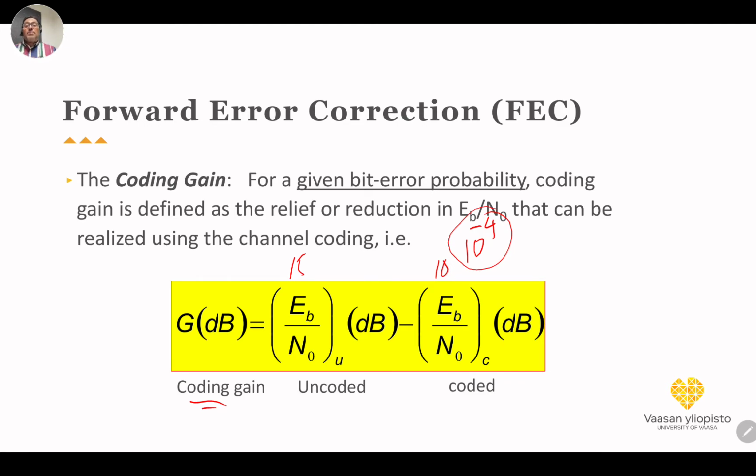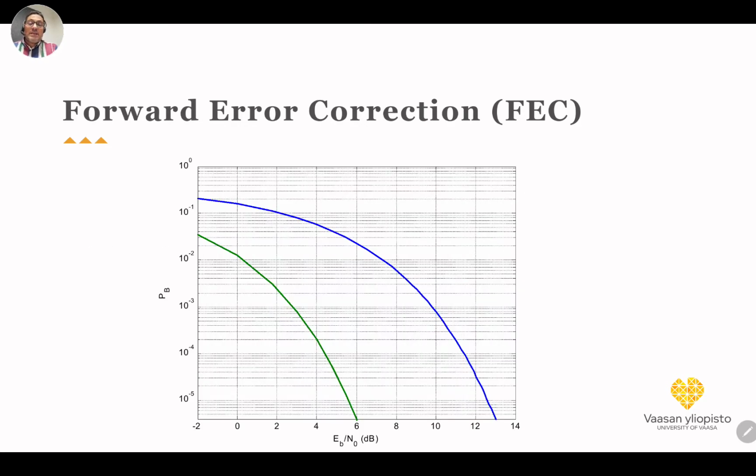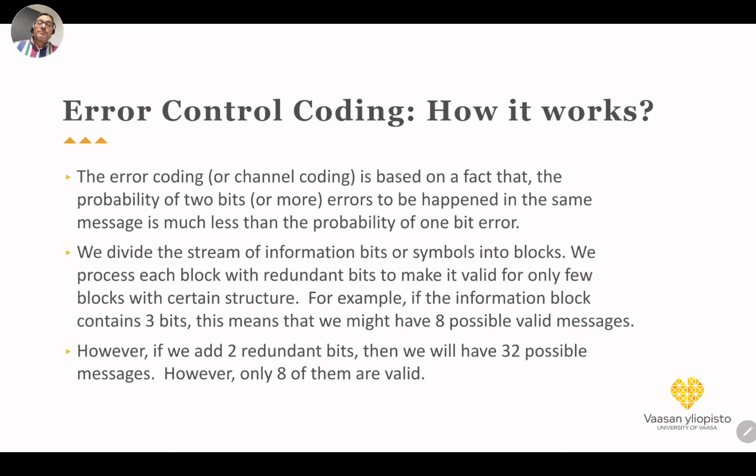The coding gain can be up to 10 dB in some cases. You can see this is the uncoded case, and this is the coded case. For the coded case, with Eb over N0 equal to 4 dB, you can see this is the error, but if it is uncoded, then the error would be much higher.